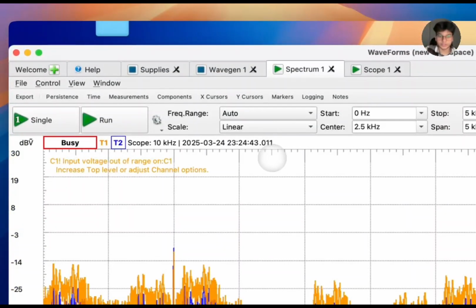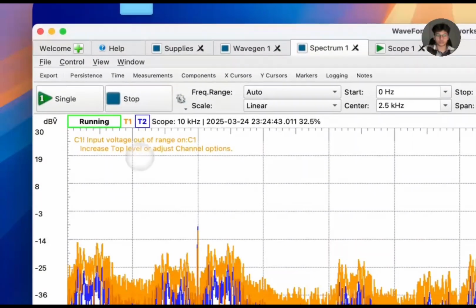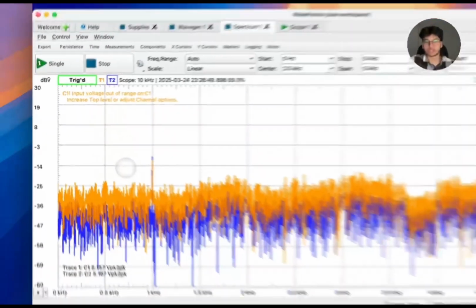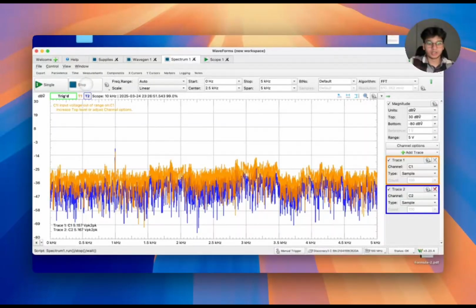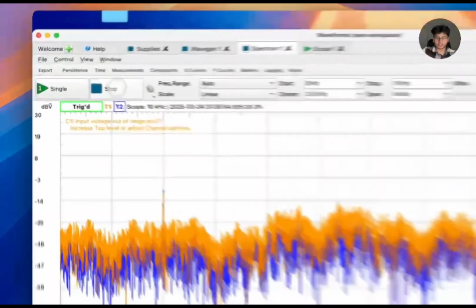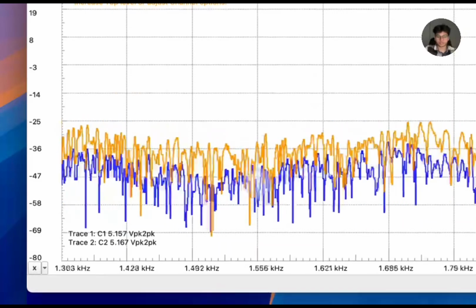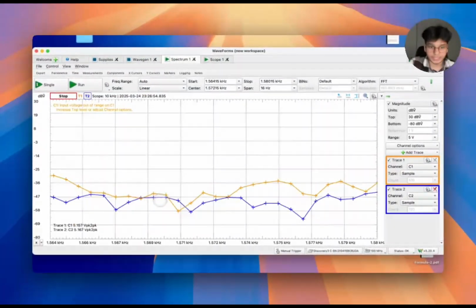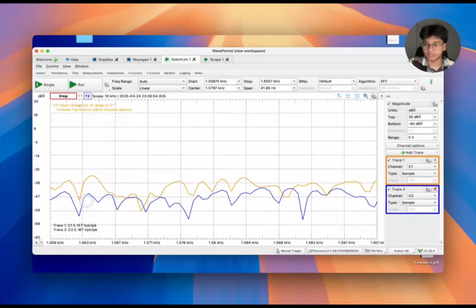Now, if we go to the spectrum, we can see it also demonstrates generally good linearity. I just let it run for a little bit, and the reason I say that is because we can see that channel 2, which maps the input voltage, is followed by channel 1, the output voltage, quite similarly, right?